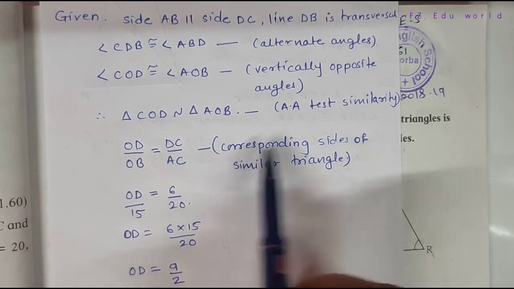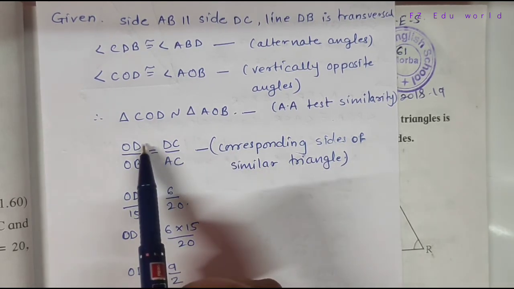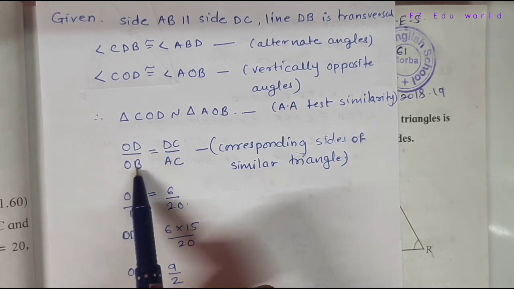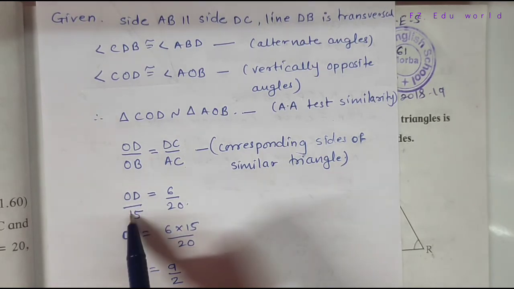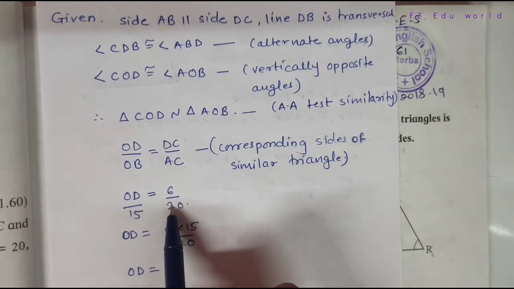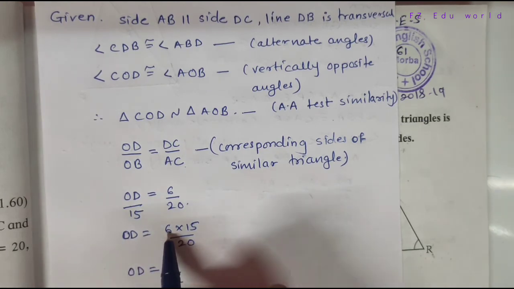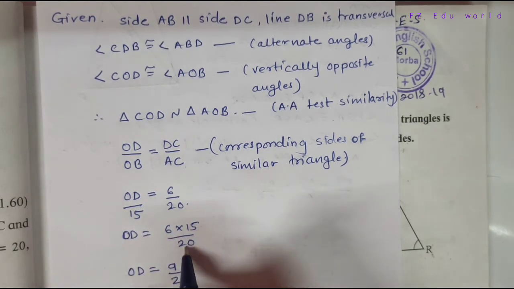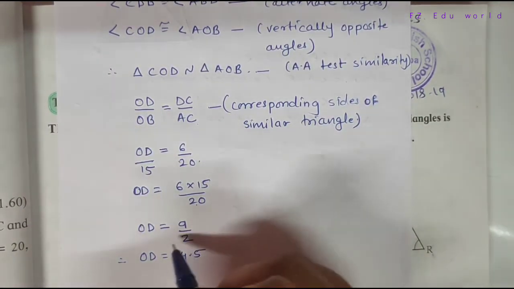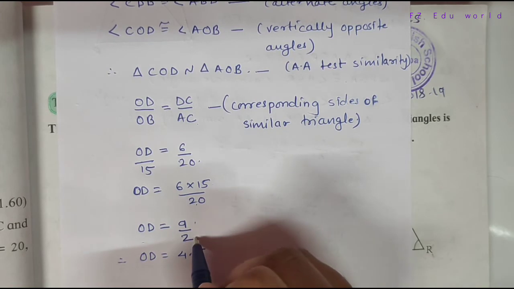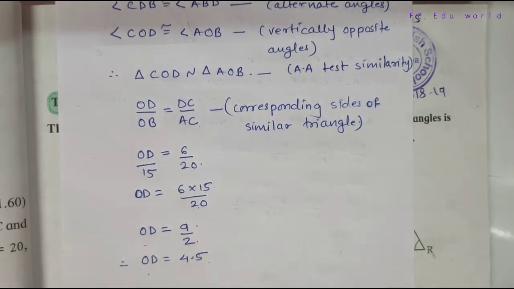Now, corresponding sides of similar triangles are in equal proportion. So OD upon OB is equal to DC upon AB. OD upon 15 is equal to 6 upon 20. OD is equal to 6 into 15 upon 20, which is equal to 9 upon 2. Therefore, OD is equal to 4.5.